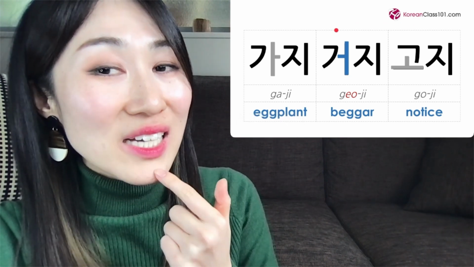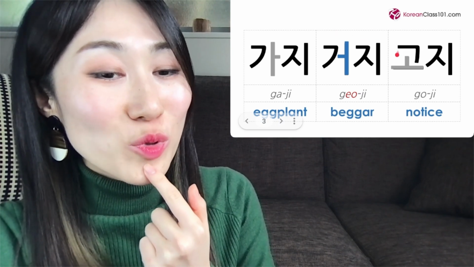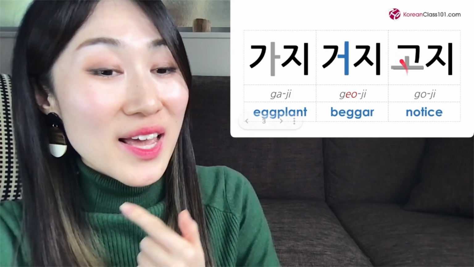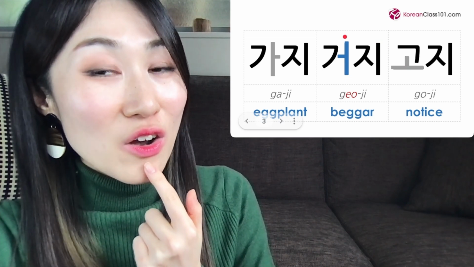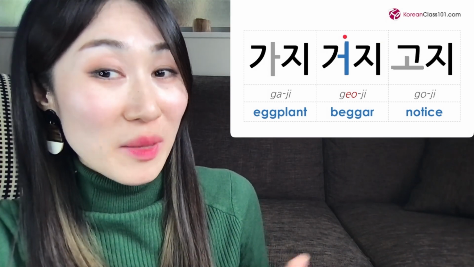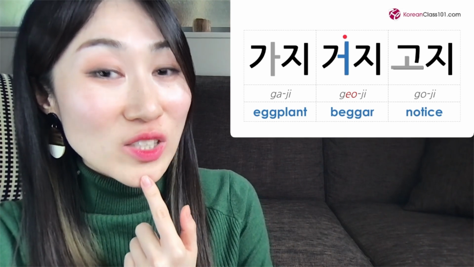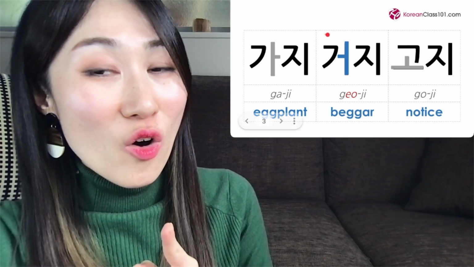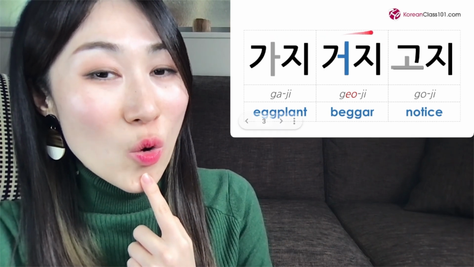Try to pronounce the 가 sound, 가. And try to pronounce ㅓ with this mouth shape, as in 거지. So this is how Korean people pronounce this word, beggar. 거지. So 가지, 거지, 고지. 가, 거, 고.